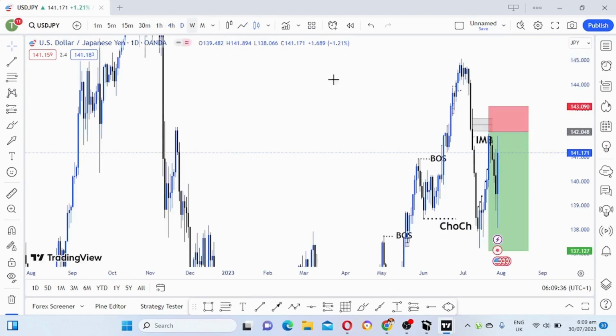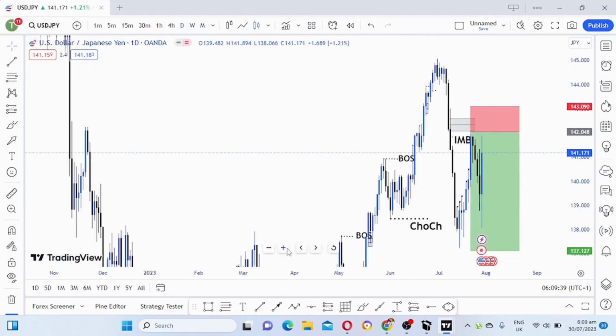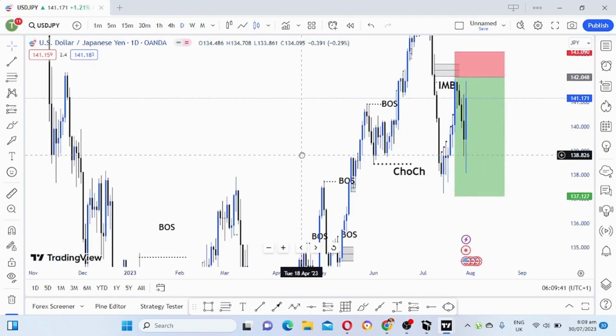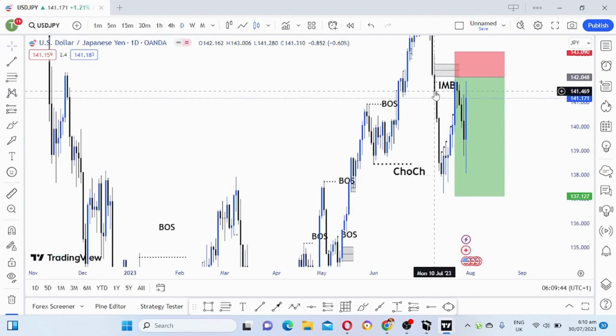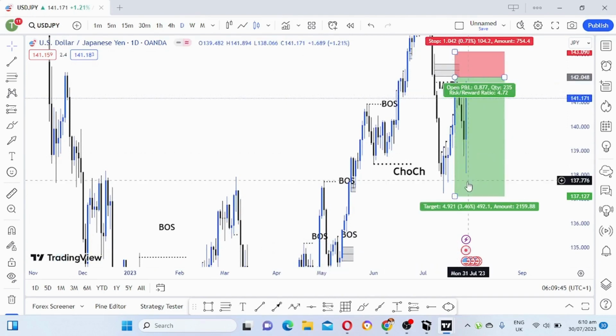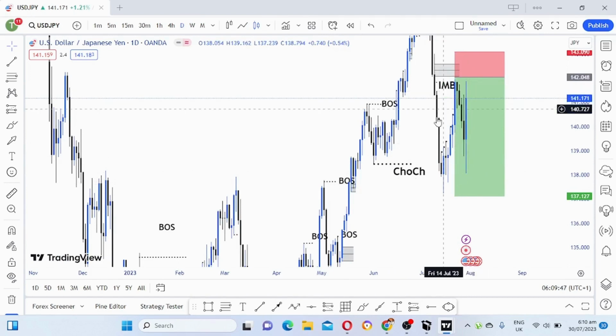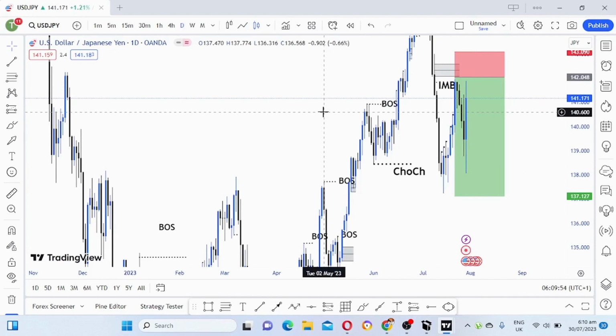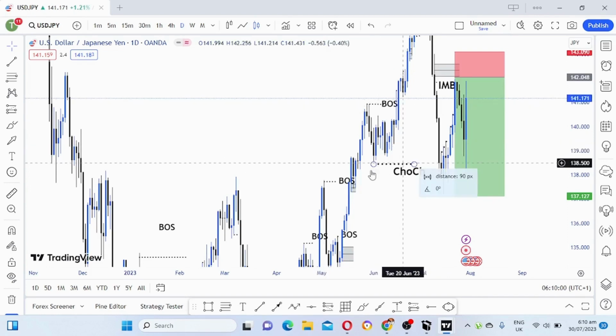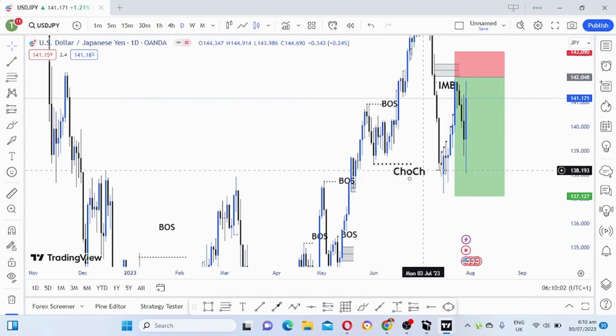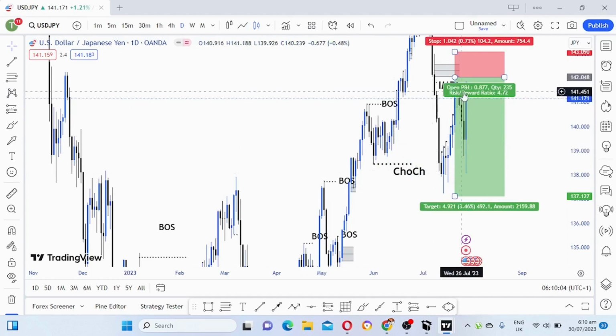On the daily, we had a change of character, as you can see. Change of character, and then we filled this imbalance. We went down, went up again. So for now, I'm waiting for USD JPY to drop further down, because we already had a confirmed change of character here. So I'm just checking now what is happening here.